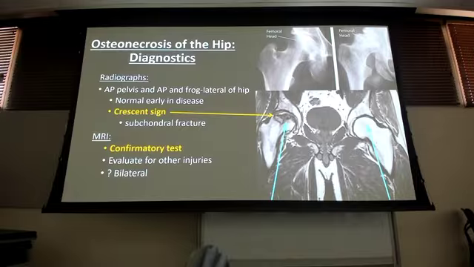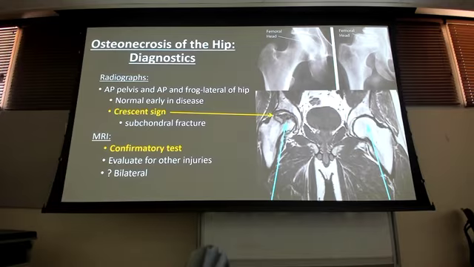By definition, that is a subchondral fracture. Right? Remember, it's dying from the inside out. Correct? So you have a collapse of the subchondral region. Okay, so that's a subchondral fracture by definition. Good to go? Okay.